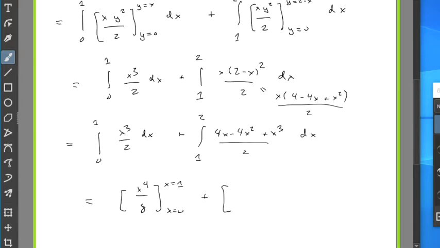And then we get 2x, then we get 1/2 times 2x squared minus 4x to the third power over 3 plus x⁴ over 4.